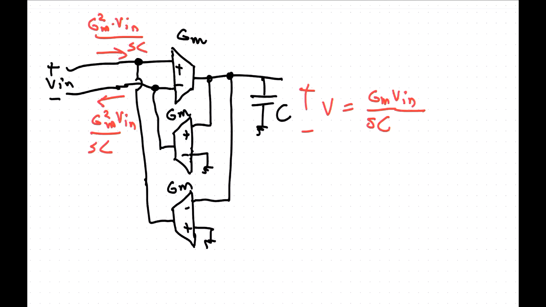So this looks like an inductor. And this actually looks like a floating inductor here. So for an inductor I have V equals SL times I. Yeah? So that's the inductor equation.